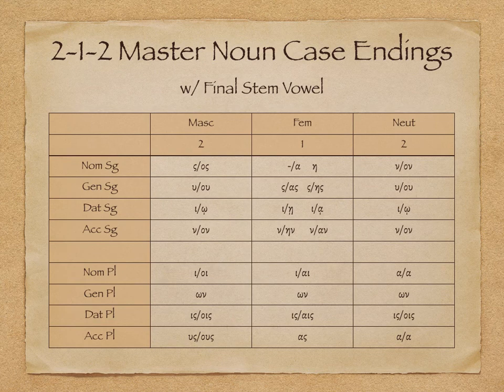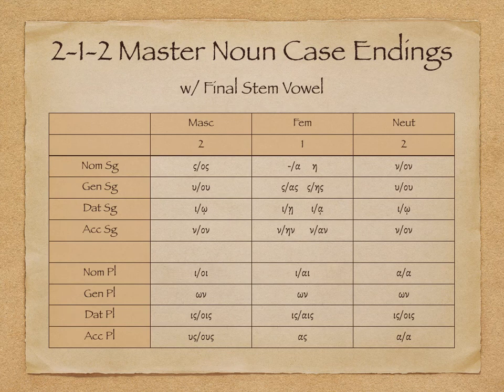So first declension nouns, their stem ends in alpha or eta, and you can see that here in the middle column. Masculine neuter, their stem ends in omicron. And you recall this chart. On the left side of the slash is the ending.